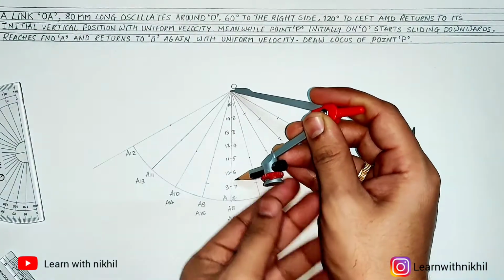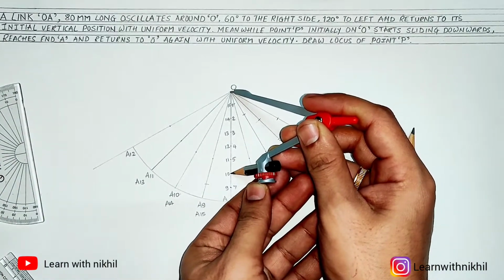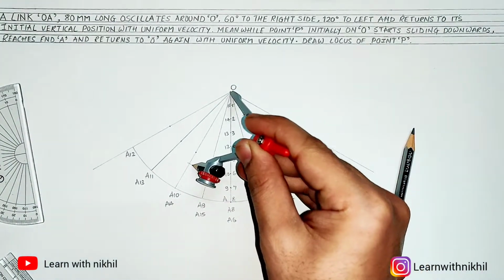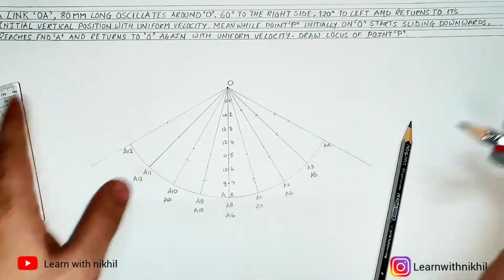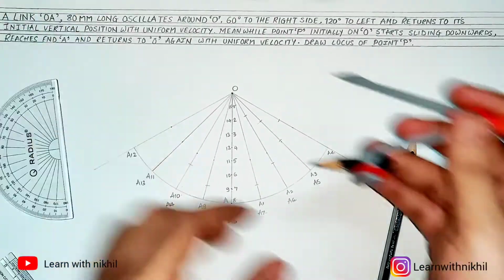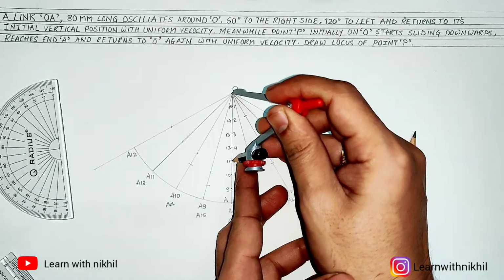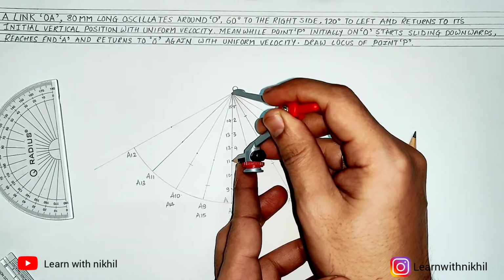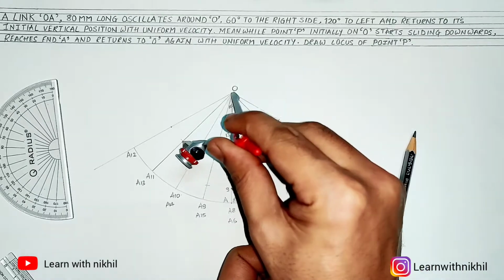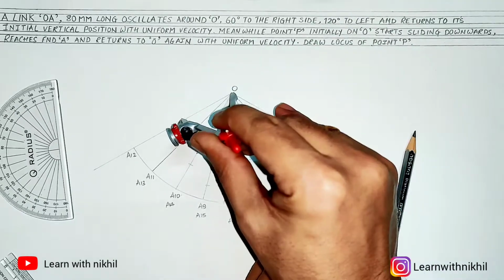O to 10, cut it on the A10 line. O to 11, cut it on the A11 line. Like this you have to do it.